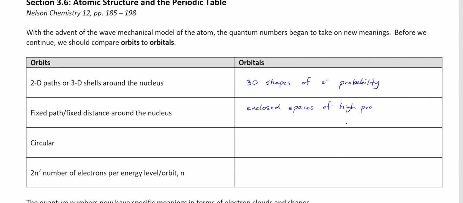So instead of these fixed pathways, they are these nebulous regions where we are likely to find an electron. Orbits were typically circular, but orbitals have different shapes depending on the quantum numbers.